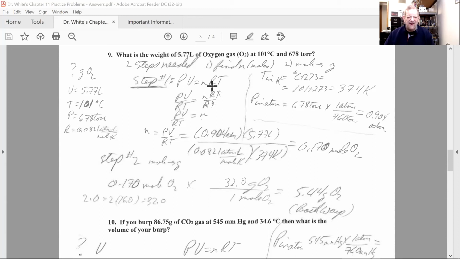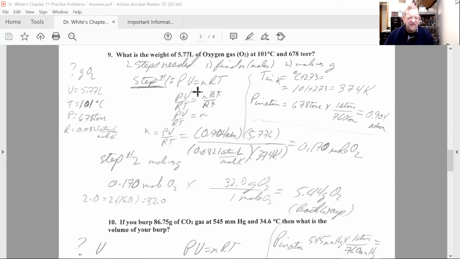I divide by RT to get rid of it. R divided by R is 1. T divided by T is 1. These cancel out. Whatever you divide on one side, you have to do on the other. So I just rewrote it: n equal PV divided by RT.